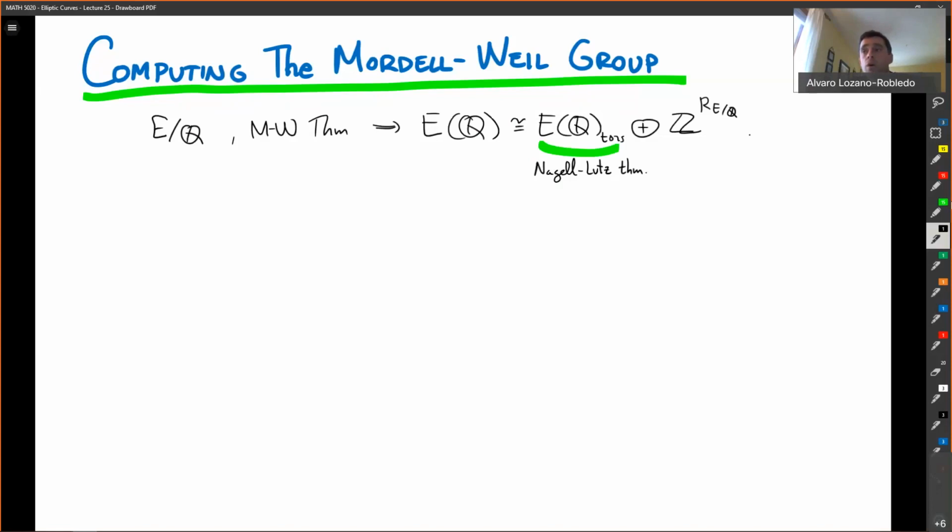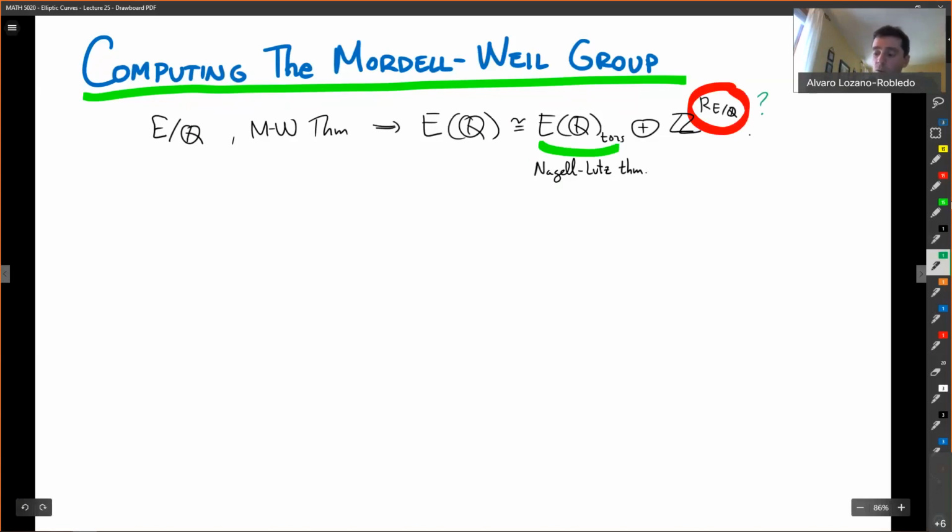We had other tricks up our sleeves, which were those embeddings into groups of points over finite fields. That is also very useful. So the torsion subgroup, we have it down. Now the question is how to compute the rank of an elliptic curve.